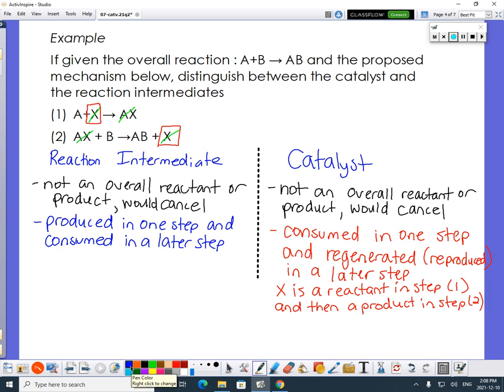Versus AX, which is a product in step 1, but then it's consumed or it's a reactant in step 2.